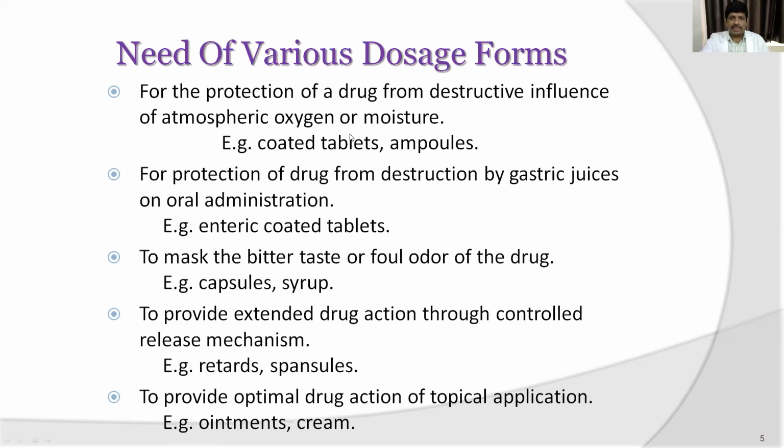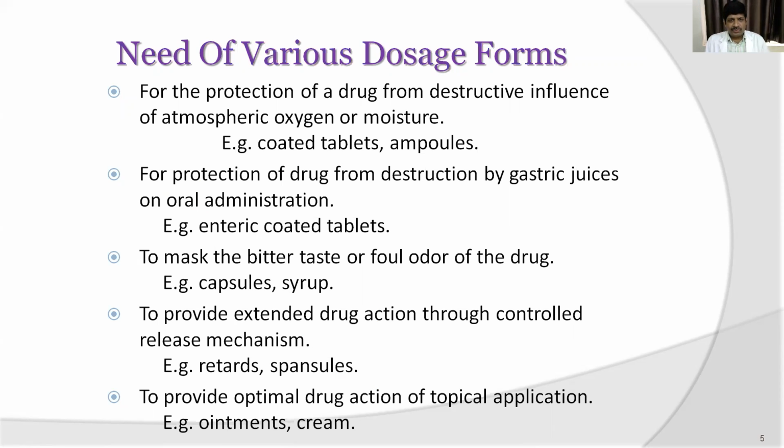First is for the protection of a drug from the destructive influence of atmospheric oxygen or moisture. Now, as we know, there are many landforms in our country, or in the whole world. We have the hill stations, places at high altitude, at lower altitude, we have the plains, we have the plateau, many types of landforms are there.